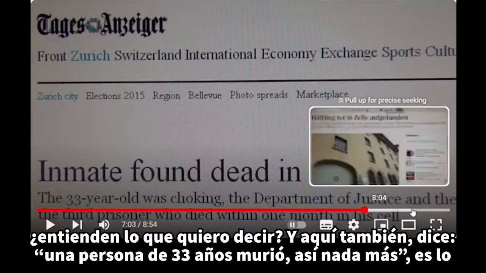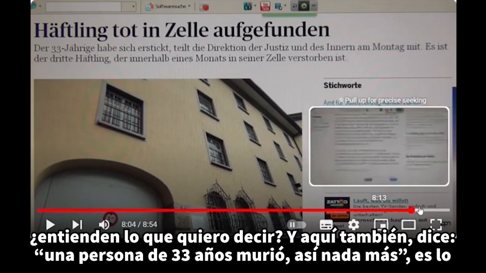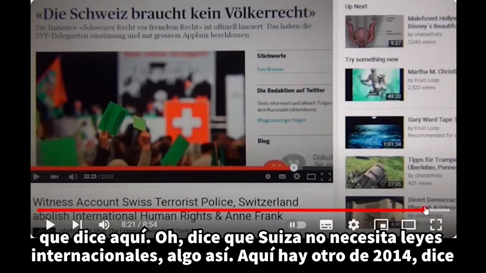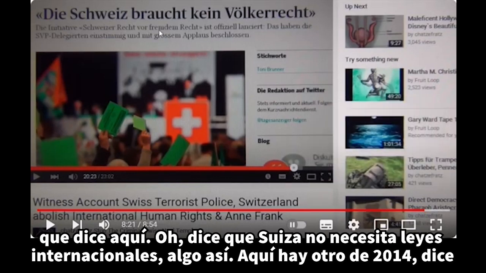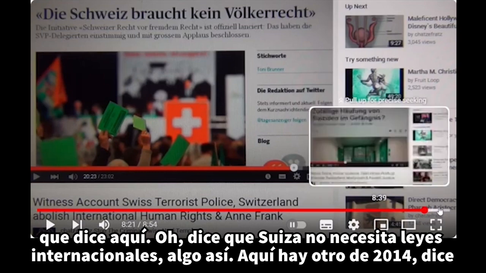So, and here as well, you know. Here it says, Häftling tot in Zelle gefunden. A 33-year-old died. Just like that. And what do they say here? They say here Switzerland doesn't need any international laws or something like that.